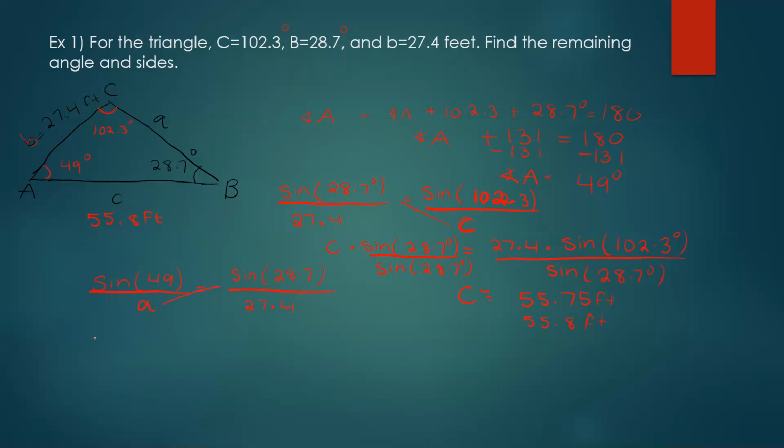Cross multiply, so that's a times sine of 28.7 equals 27.4 times sine of 49.